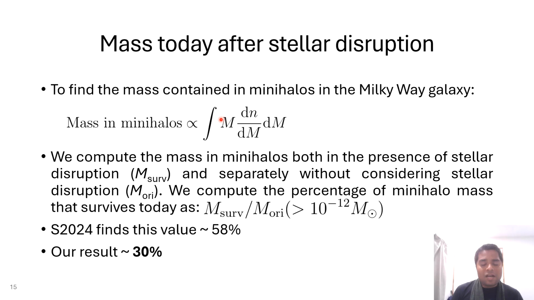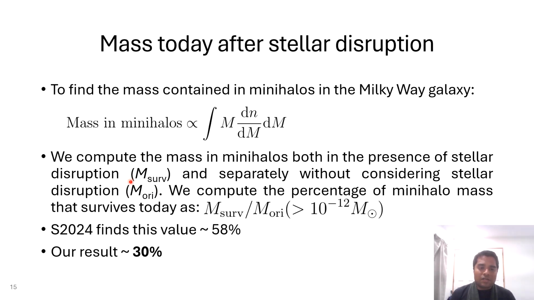If you multiply that by m, the mass of the minihalo, we get the mass density in minihalos per unit mass interval. And if we integrate that over all relevant mass intervals, we get the mass in minihalos in the galaxy, and that would be in the absence of stellar disruption.